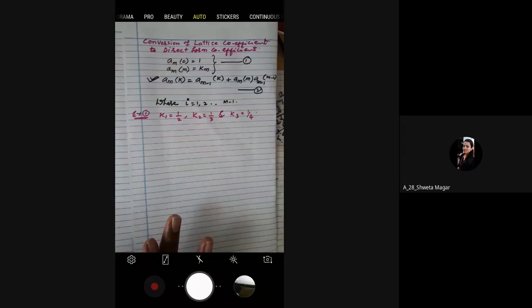Determine the FIR filter coefficients for the direct form structure.